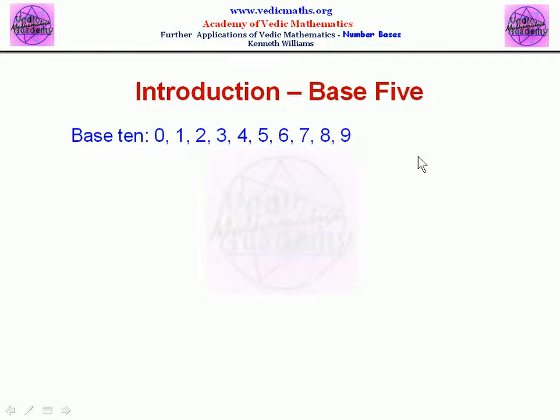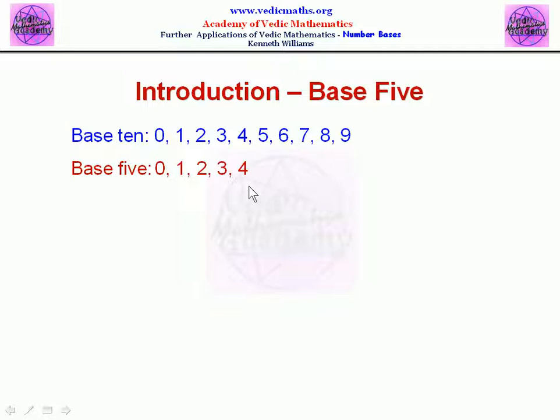In another base, in say base 5, it's different. Whereas in base 10 we have 10 symbols from 0 to 9, in base 5 we have 5 symbols from 0 to 4. So in base 6 we'd have 6 symbols from 0 to 5. And we don't use the other numbers. In base 5 we just use these 5 digits.